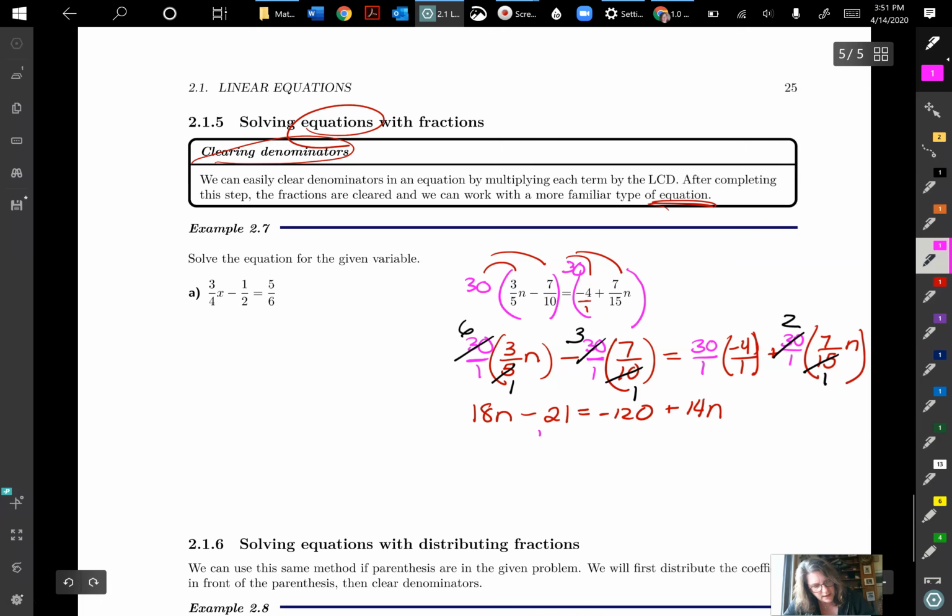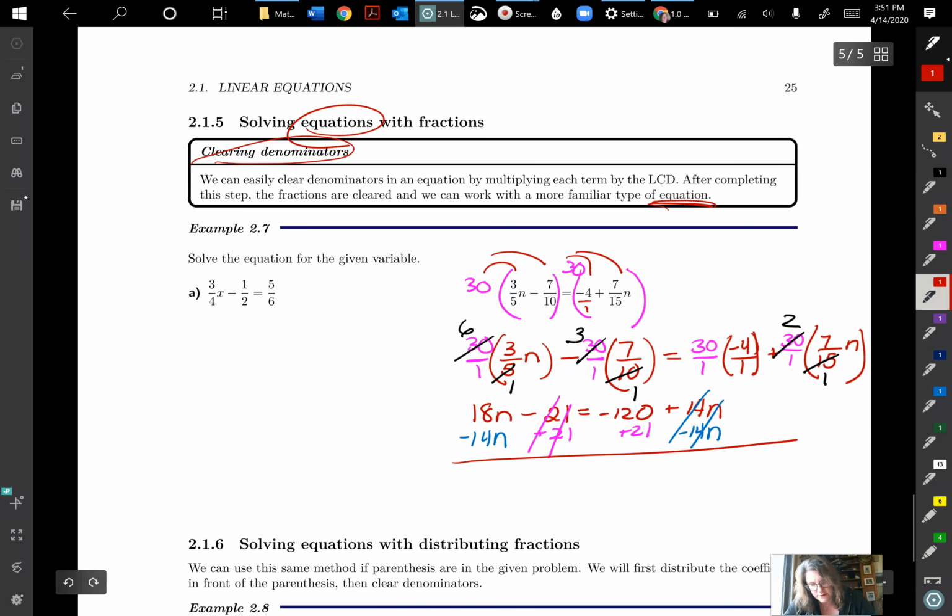We're going to add 21 to both sides. And simultaneously, I know that goes out, so I want to subtract the 14n from both sides also. Kind of do those in the same line at this level.